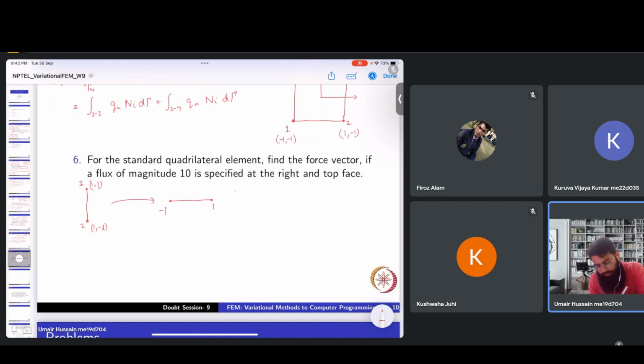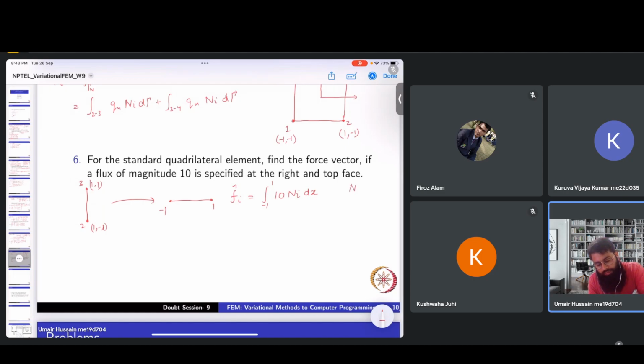After this mapping, we evaluate this f cap for this element. So our Q is 5, and we need the Ni.